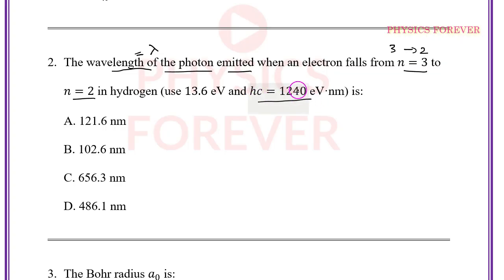We have to multiply, then we get this answer. Sometimes they give it, and even if they don't give it, we have to memorize this one. Hc value is always 1240.